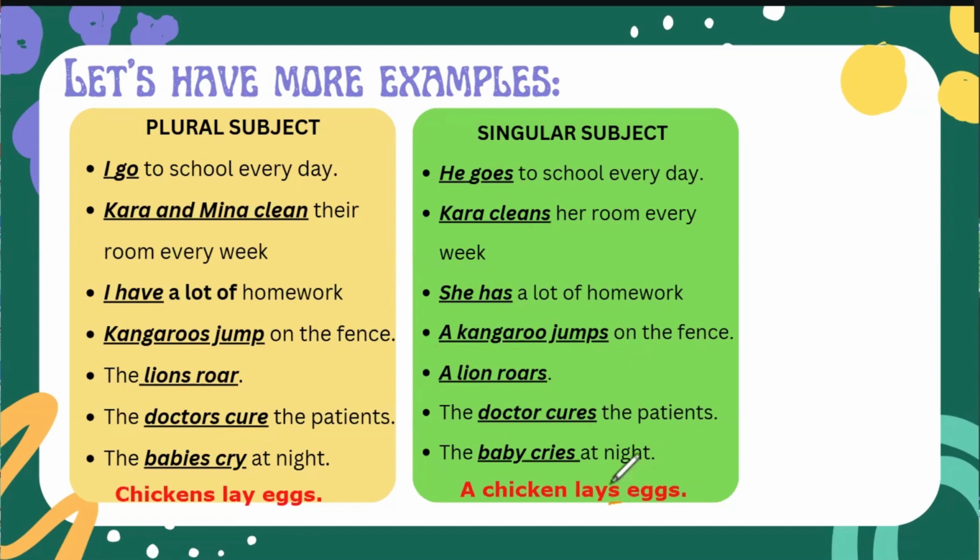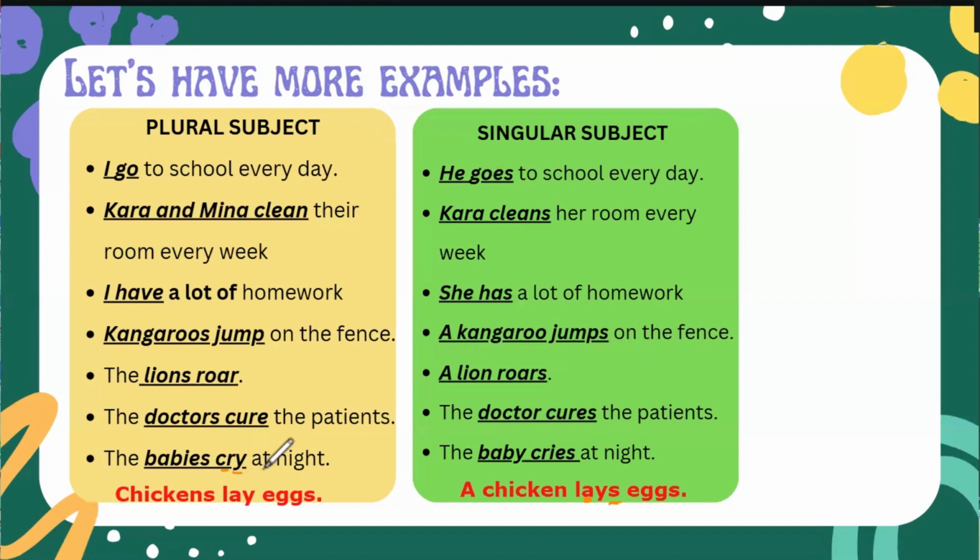So bakit S lang, hindi IES? Kasi nga, ang letter bago mag-letter Y ay isang vowel. So pag vowel yan, ang idadagdag lang natin ay S. Pero kapag ito ay consonant, tulad nito, consonant yung R, so yung Y, papalitan natin ng IES.